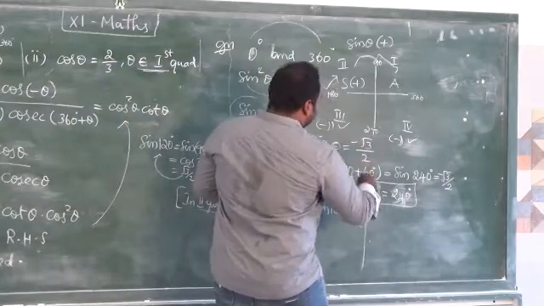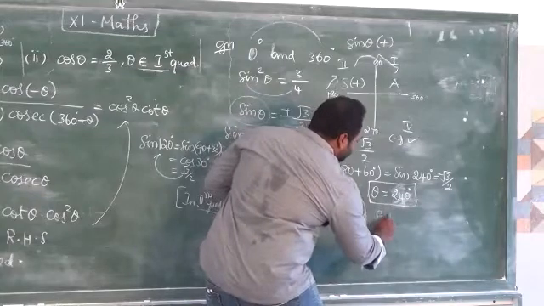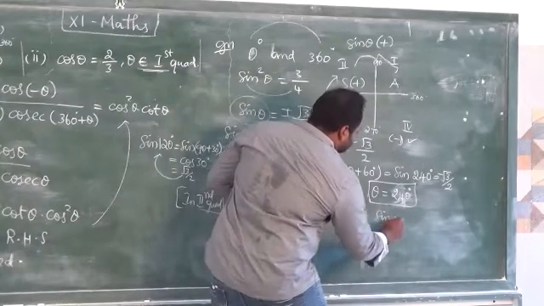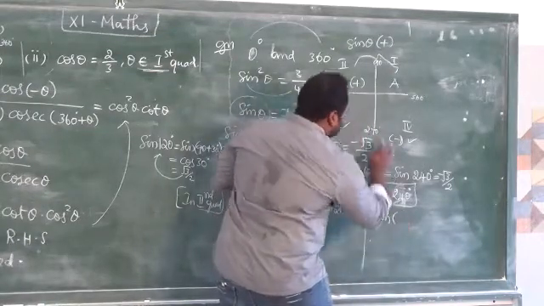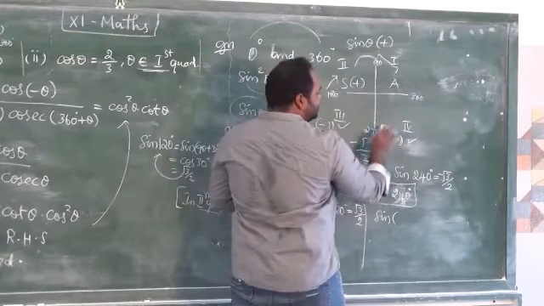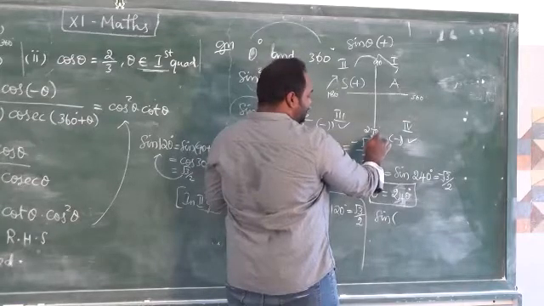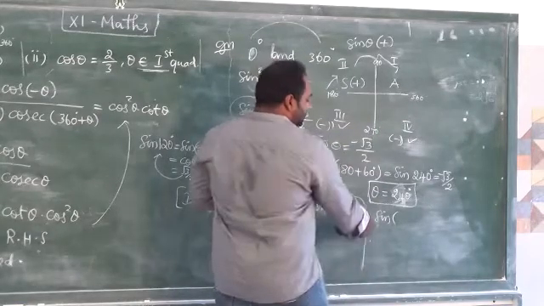Next, the fourth quadrant. In the fourth quadrant I am going to take sine. Here in the fourth quadrant we have 270 plus and 360 minus. I am not going to take 270 plus. You know why we are not taking 270 plus? Because it will change the ratio.